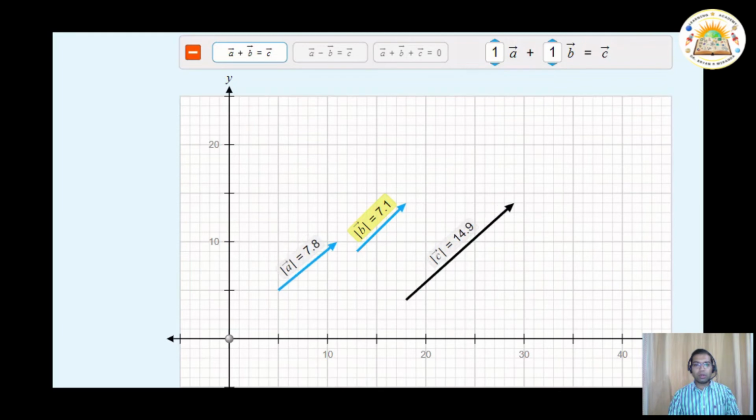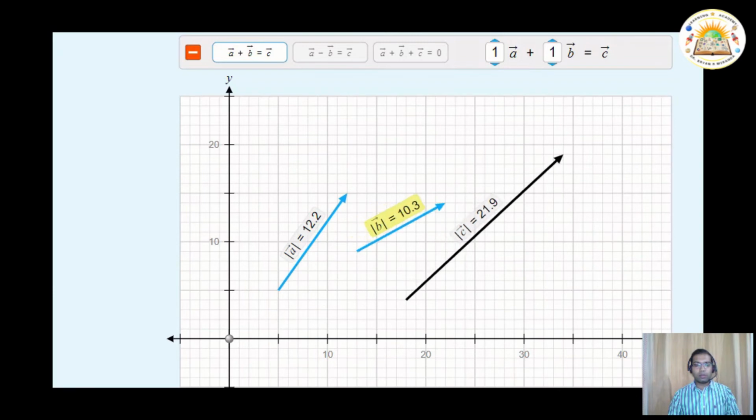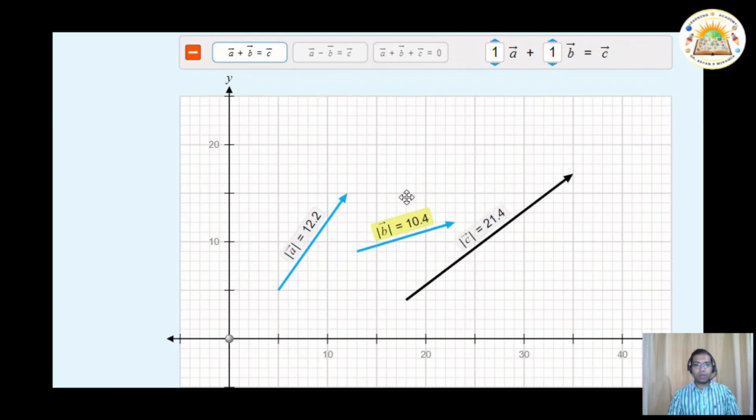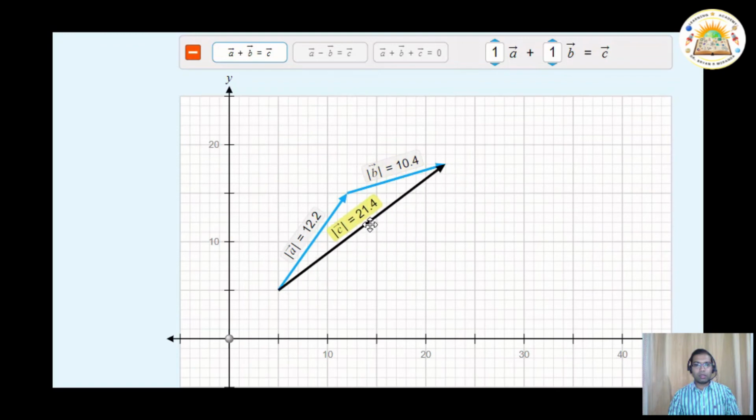So this is along the x-axis, and if I change it along the y-axis, this is for B, along x-axis I've increased. If I place this end to end, I have my triangular law of vector addition. Here I have changed the values of AX and AY, BX and BY, that is the components, so that we can get the final C vector.